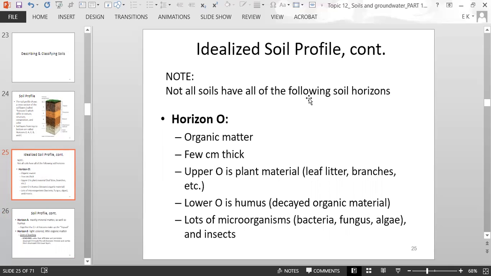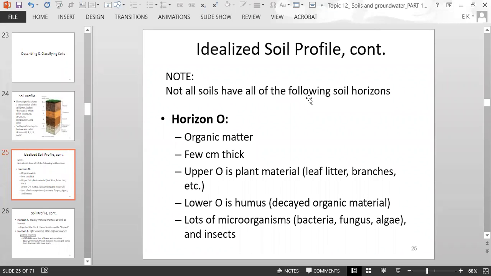So horizon O, again, is organic matter. It's only a few centimeters thick. The upper part of the O horizon is plant material like leaf litter, branches, things like that. And the lower O horizon is humus, which is the decayed organic material.